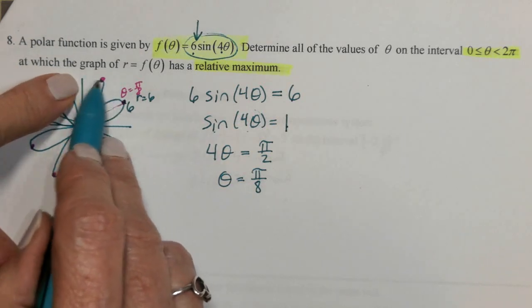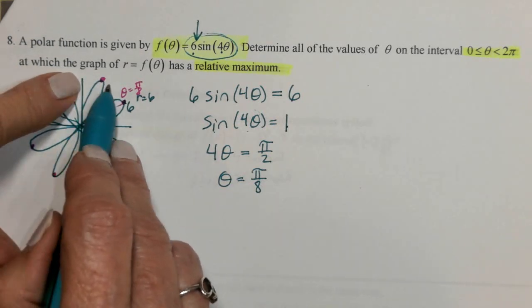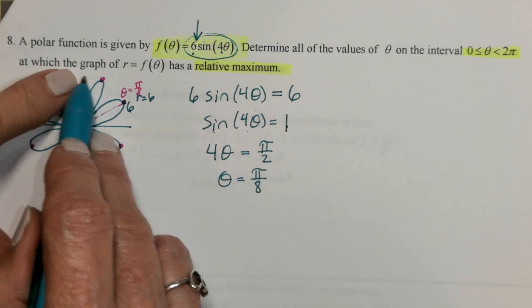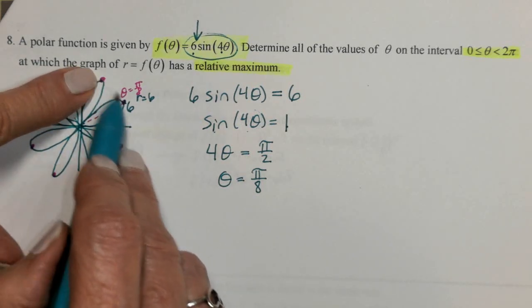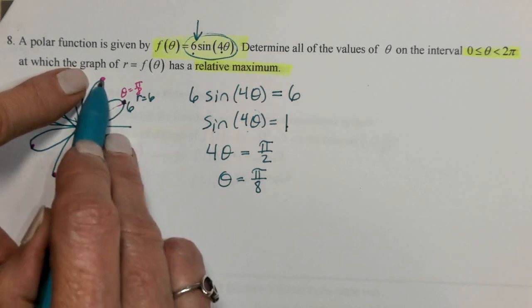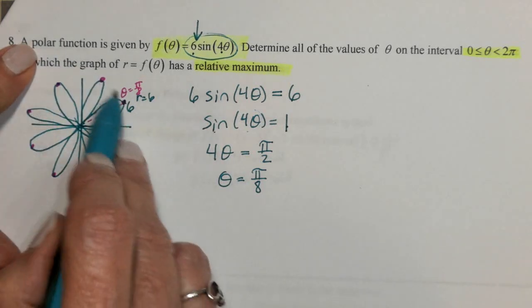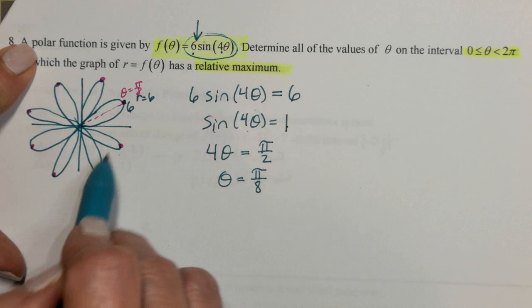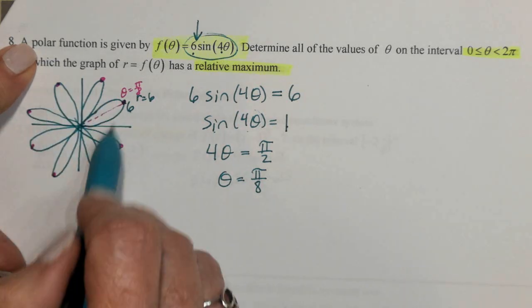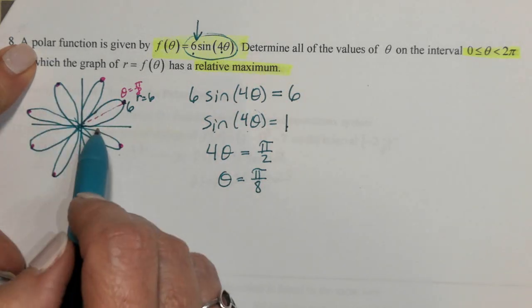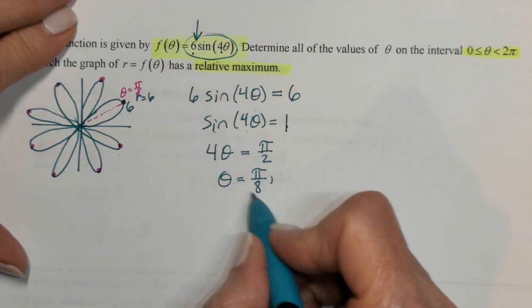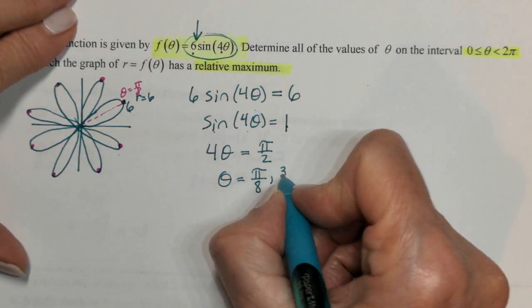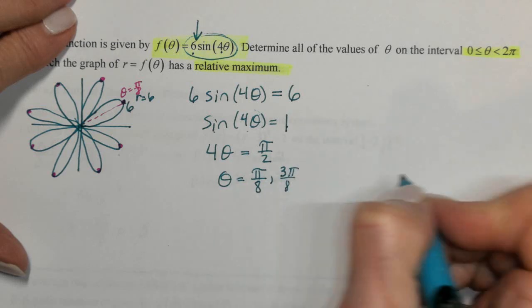This is pi over 8 less than pi over 2, right? Or it is pi over 8 plus pi over 4, either way. Each of these is pi over 4 units away from each other. It has to have the symmetry. So if I add pi over 4, I'm going to get 3 pi over 8.